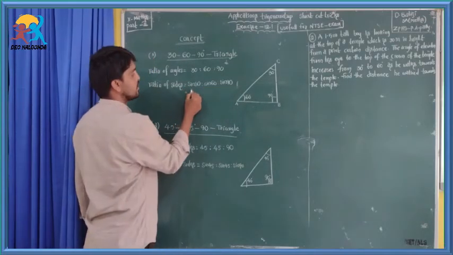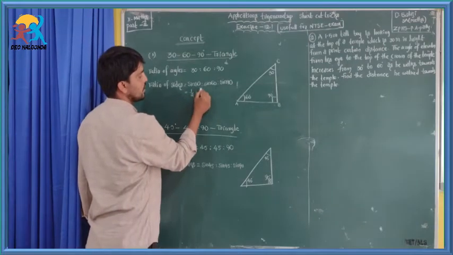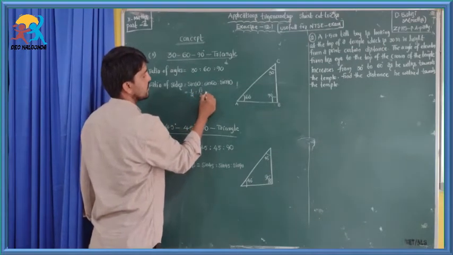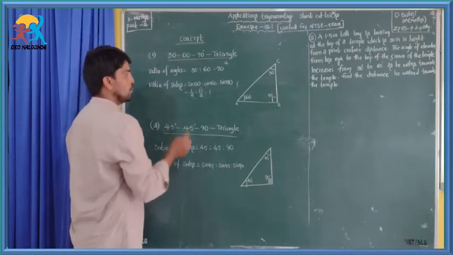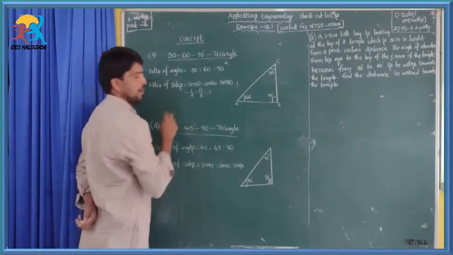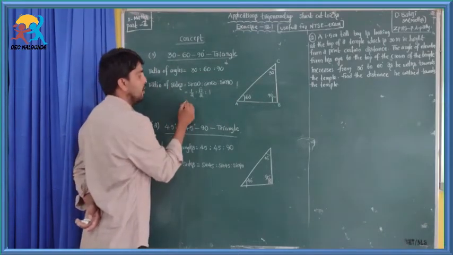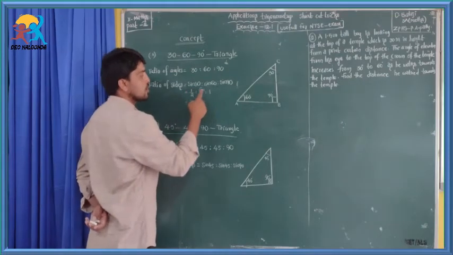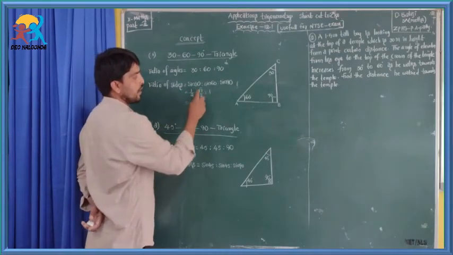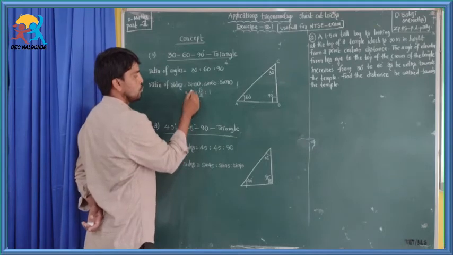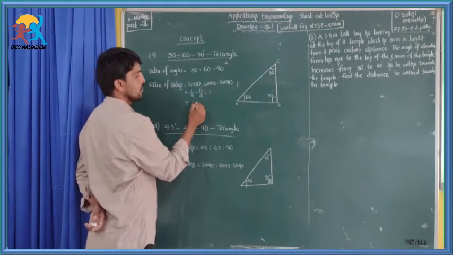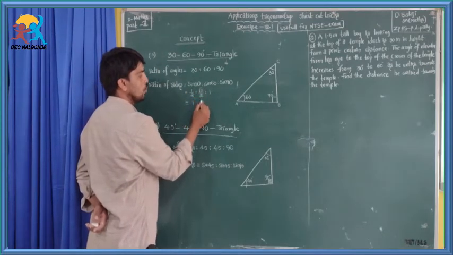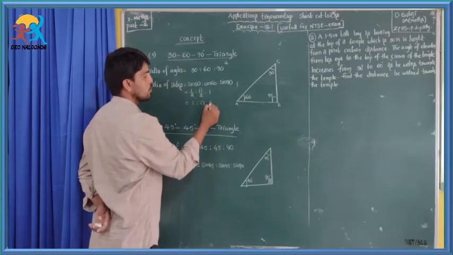That is, sine 30 is 1 by 2, sine 60 is root 3 by 2 and sine 90 is 1. So, we have 3 terms in the ratio. Multiply 2 to each term of the ratio: 2 by 2 is 1, 2 by 2 root 3, 2 ones are 2.